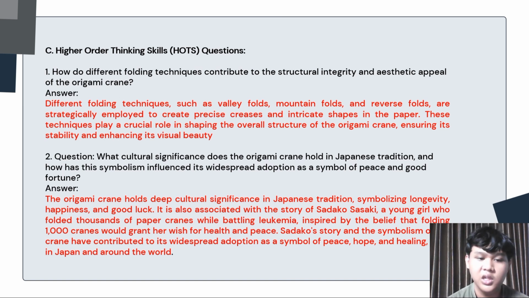The answer is the origami crane holds deep cultural significance in Japanese tradition, symbolizing longevity, happiness, and good luck. It is also associated with the story of Sadako Sasaki, the young girl who folded thousands of paper cranes while battling leukemia, inspired by the belief that folding 1,000 cranes will grant her wish for health and peace.